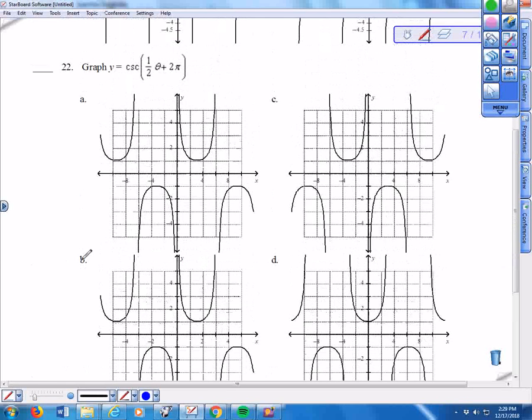When it's plus 2 pi, that's really not going to change anything, is it? Well, it might, because it's 4 pi now. 4 times 180 is, oh, this is 4, let's do times pi. 12.56 is how long it takes to repeat.